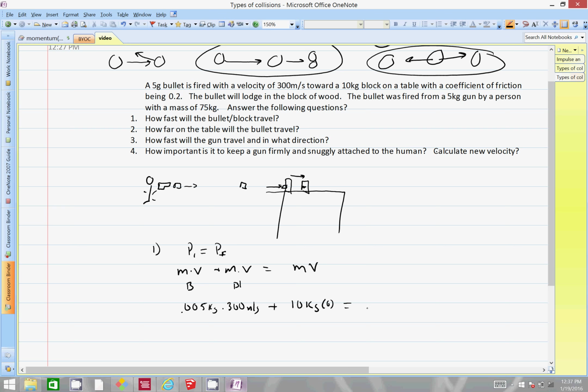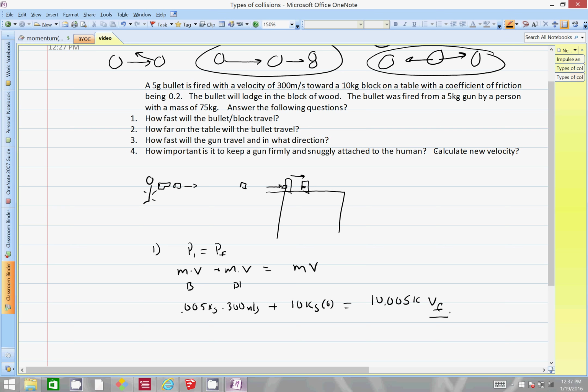The entire mass of this thing is going to be 10.005 kilograms, that's the two masses combined, times the velocity, which is what I am looking for, velocity final. Mathematically, we are just solving for VF.